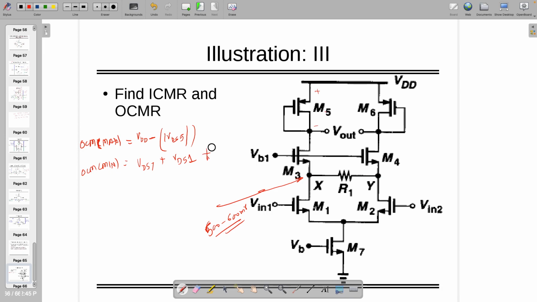So here then we require VDS3. I require at least 900 millivolt. For such a configuration, 900 millivolt has to be here. But if your VDD is 0.9 volt or 1 volt, you can't use it. It will be very tight. You can design it, but it will be very tight.